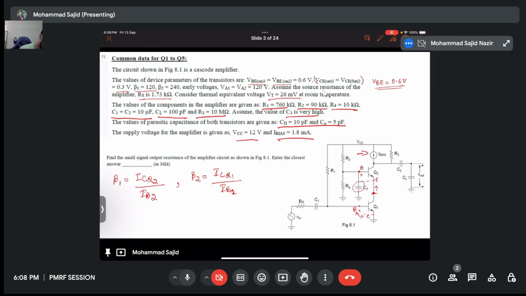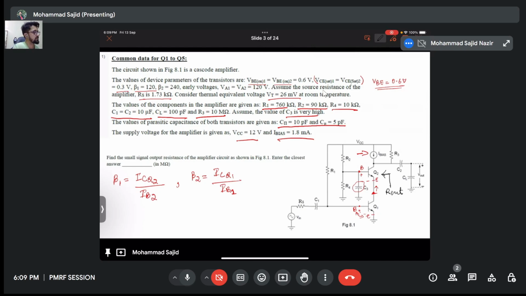Find the small signal out resistance of the circuit, amplifier circuit. So we need to find the output resistance. That is, since this is our output, we need to find the output resistance.